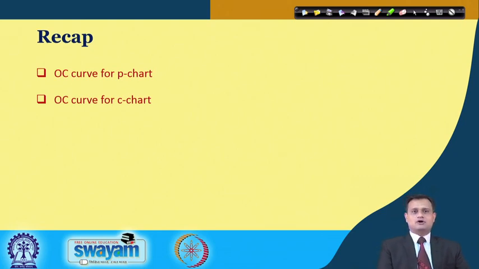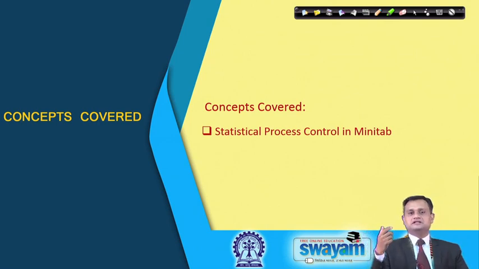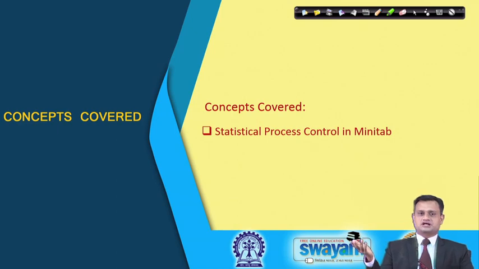We talked about the operating characteristic curve, that is the performance measure of a given control chart, for the P chart as well as the OC curve for the C chart in the last lecture. This lecture will focus on the Minitab application for statistical process control.